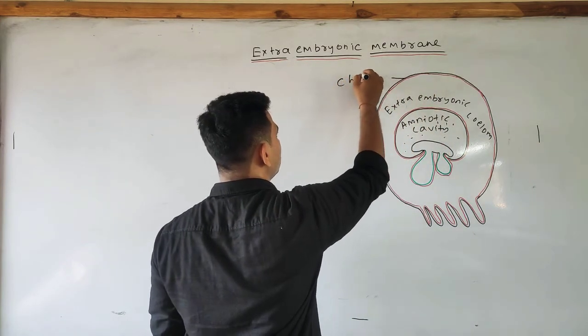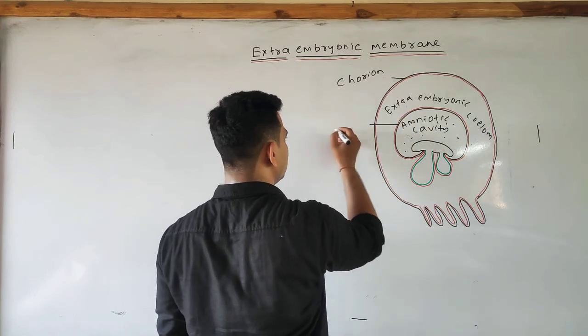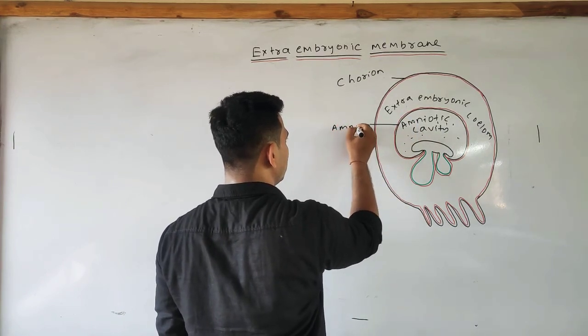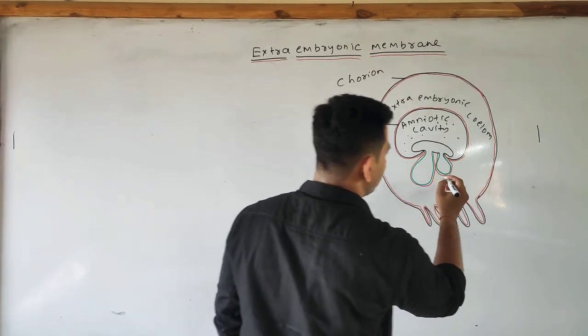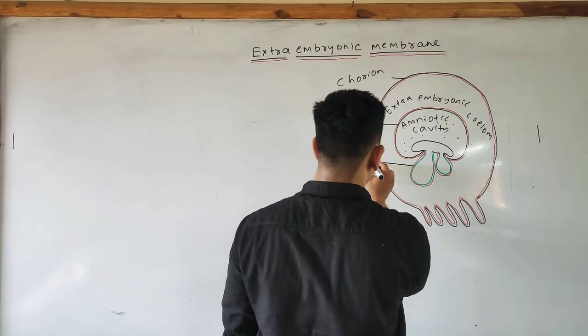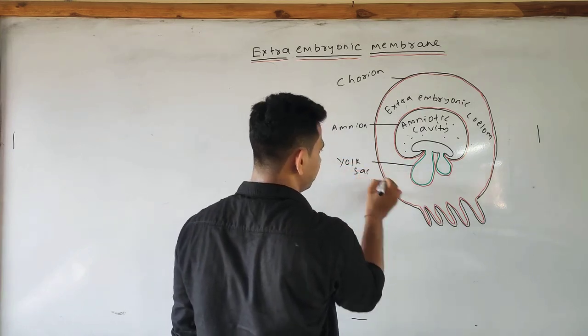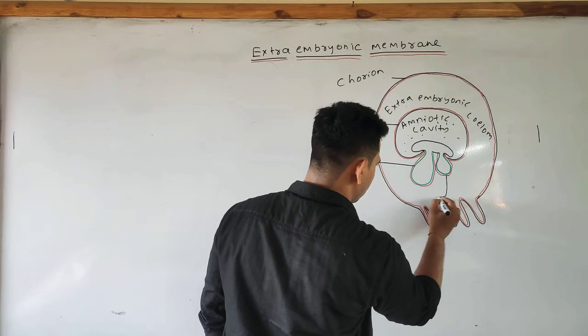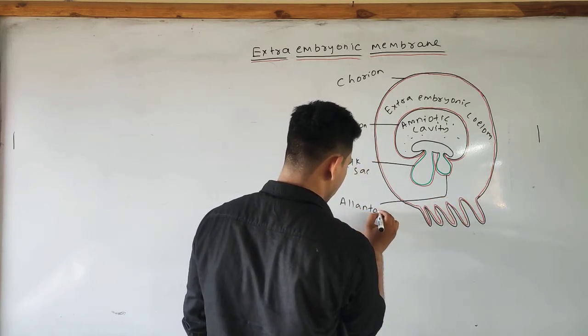This one is your chorion. This one is your amnion, okay? This one is your yolk sac. This one is your allantois, okay?